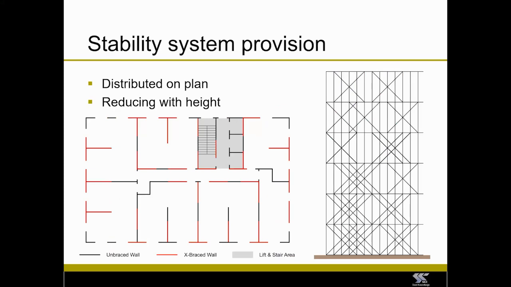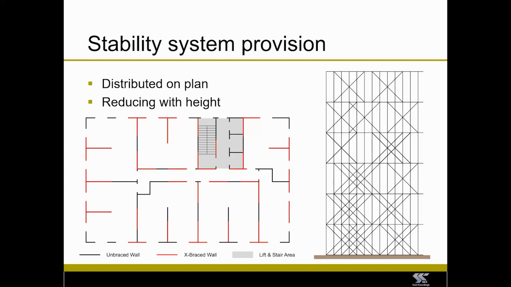So having a look at that in a bit more detail, firstly, the black and red diagram is a plan view of walls within a load-bearing light steel frame building, and the red lines indicate where we've got braced walls. The black lines indicate there are still vertical load-bearing walls, but they don't have any sort of bracing in them.